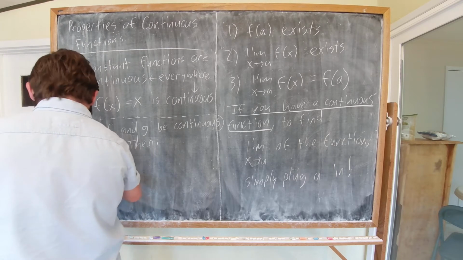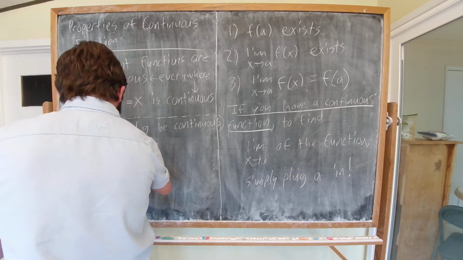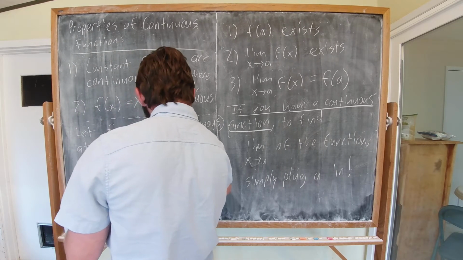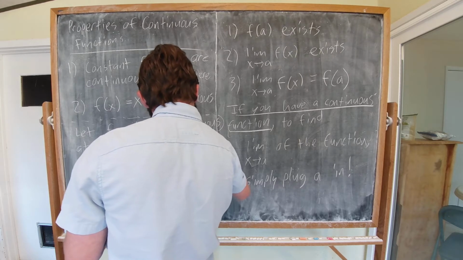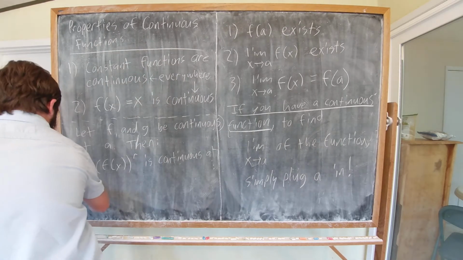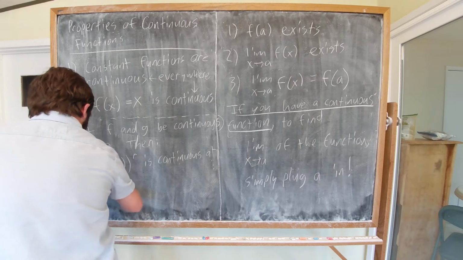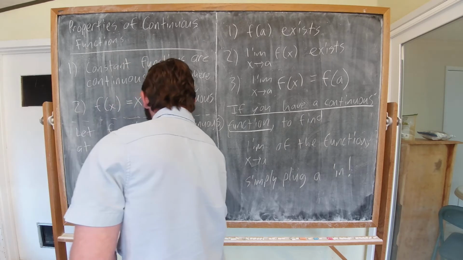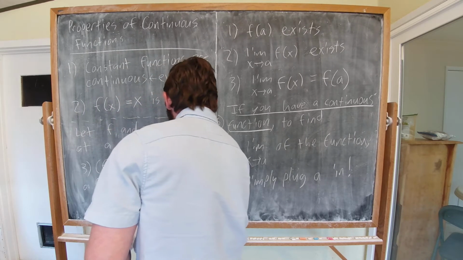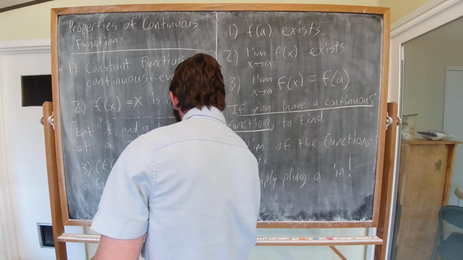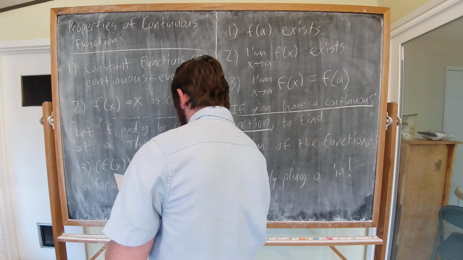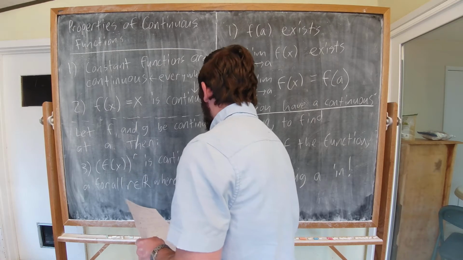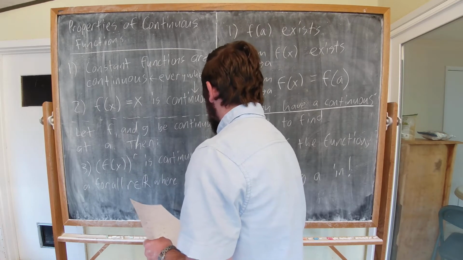First, f of x to the r is continuous at a, for all r in R where f of a to the r exists.